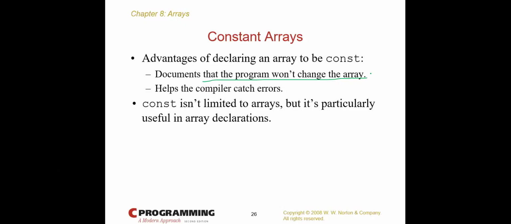And the second but most important thing is that it helps the compiler catch it if you make a mistake. If somehow you try to save something to any location in that array, your code will never compile, because constants are meant to be protected. So const is not limited to arrays. It is useful in array declaration, but we use it in many places.